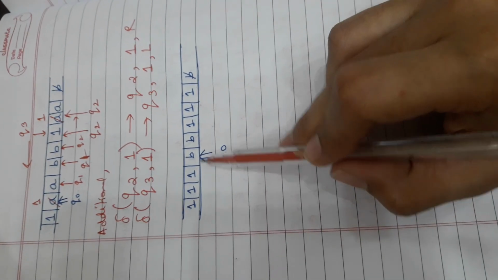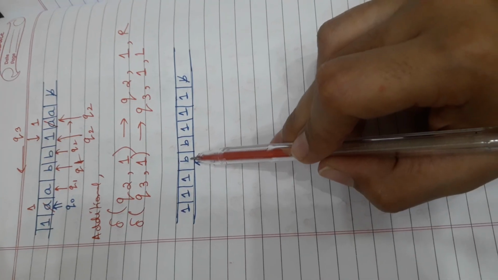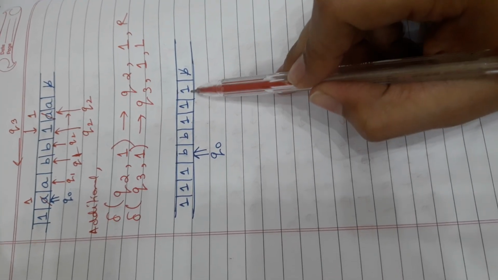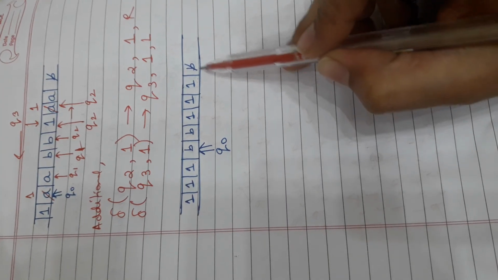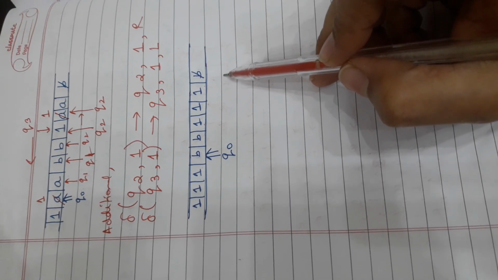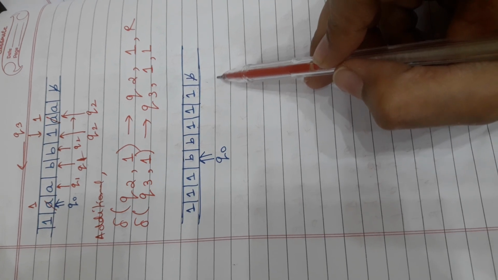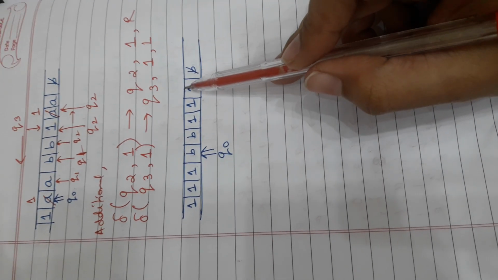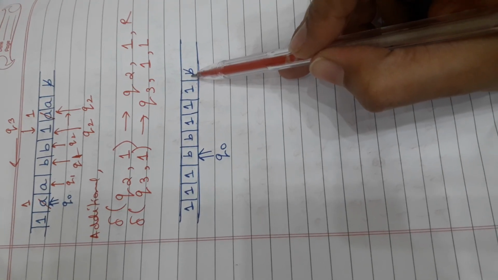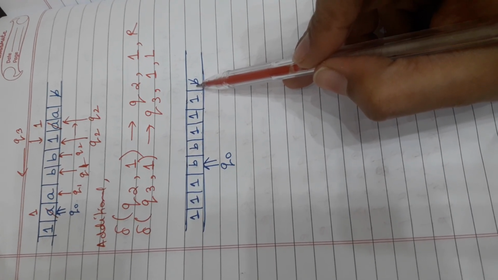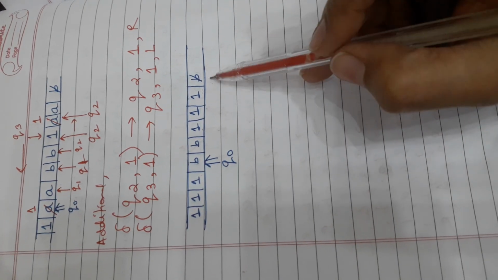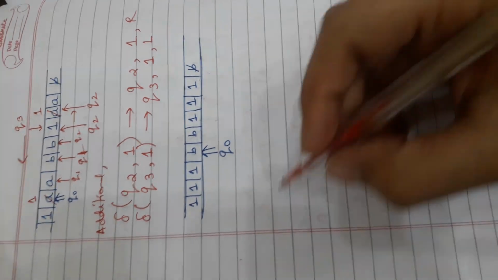And this B does not matter to us, so we'll just skip these B, skip all these ones, and if we get a blank here, we'll say that the Turing machine should accept this string and halt. But if there was one more A remaining here, that means that the Turing machine will not move ahead and will not accept this string.